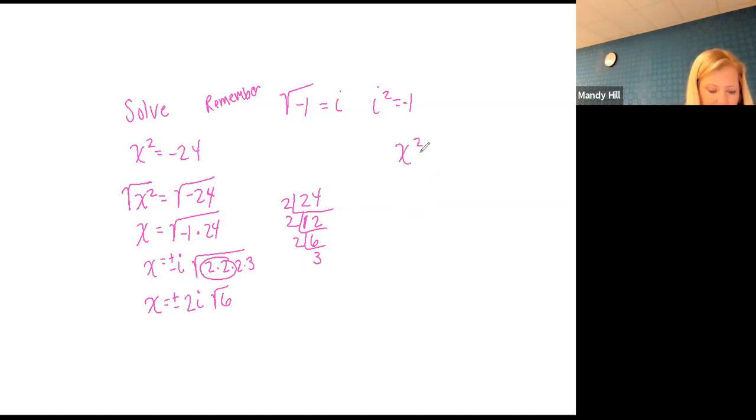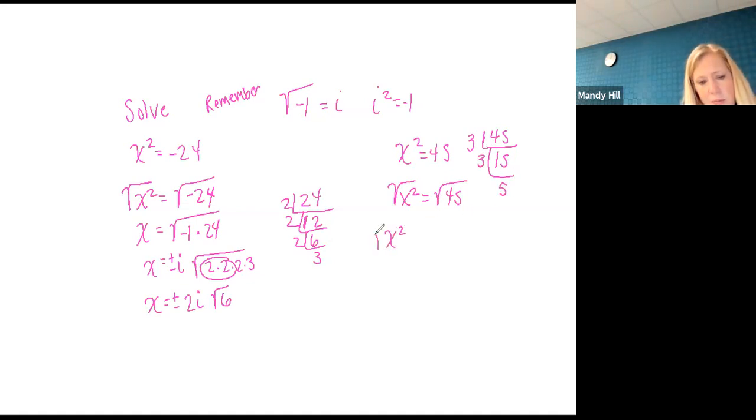Okay, if we've got x squared equals 45, we're going to take the square root to get rid of the squared. Got to take it from both sides. Going to look and see what is 45 made up of. 2 won't go. 3 will go 15 times. 3 will go into 15 5 times.